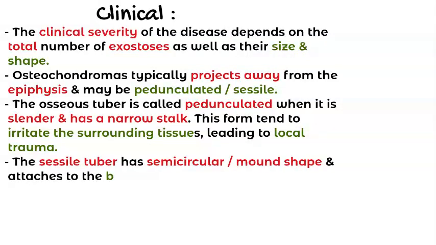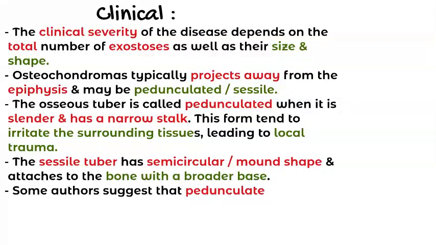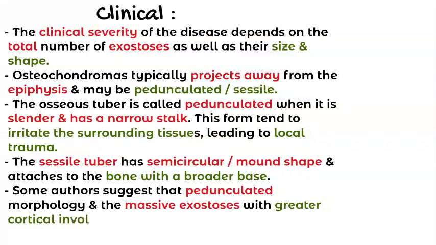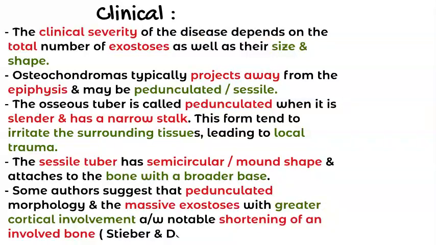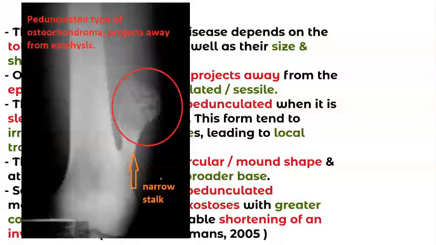The sessile tuber has a semicircular or mound shape and is attached to the bone with a broader base. Some authors suggested that pedunculated morphology and massive exostosis with greater cortical involvement are associated with notable shortening of an involved bone, Stieber and Dormans 2005. This X-ray shows the pedunculated type of osteochondroma, which projects away from the epiphysis and has a narrow stalk.